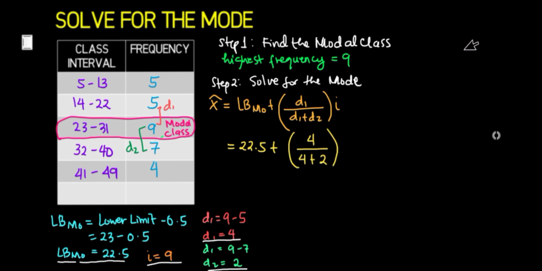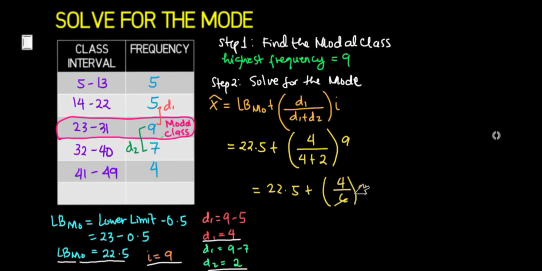And then, times I, which is 9. So, magiging 22.5 plus 4. 4 plus 2 is 6. And then, times 9. So, pwede po tayo mag-cancel dito.